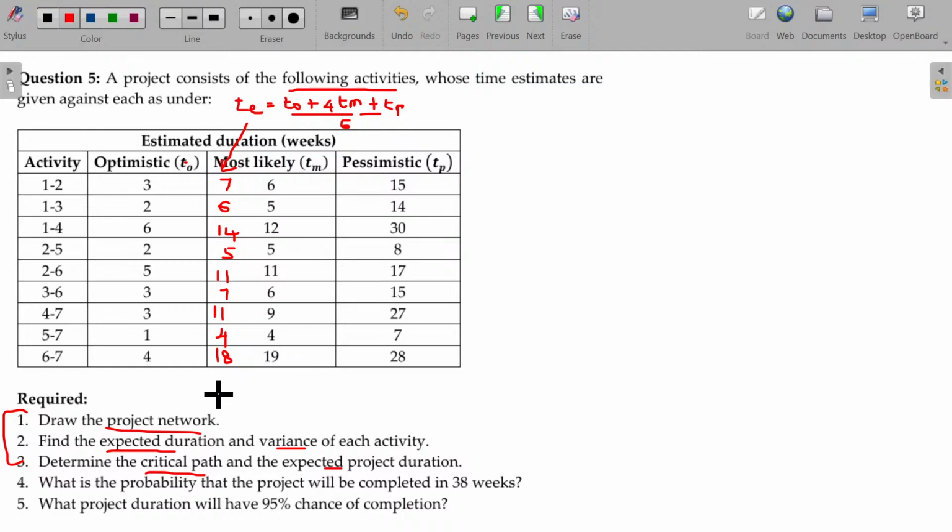And variance is nothing but the difference between pessimistic time and optimistic time divided by 6, to the power 2. The difference between these two times, 15 minus 3, 12, 12 divided by 6, 2, to the power 2, 4.